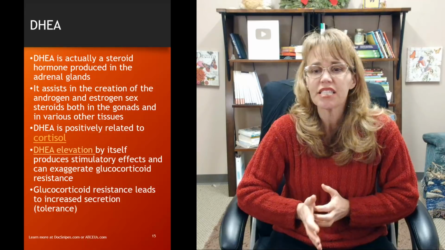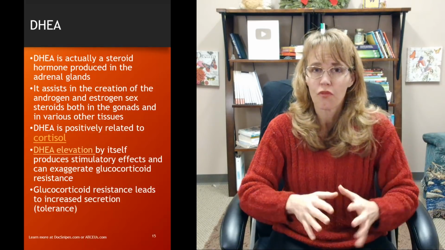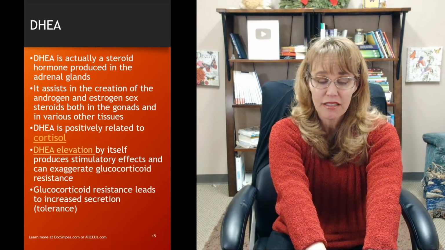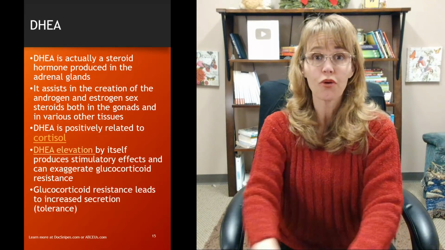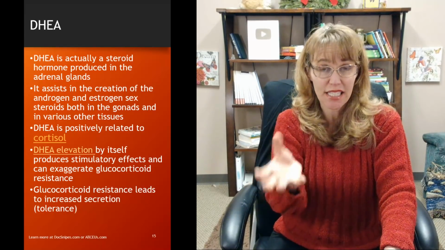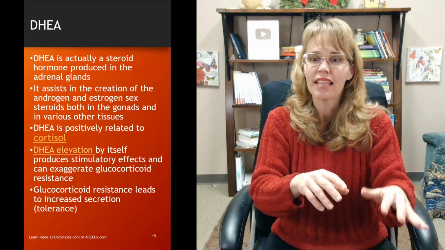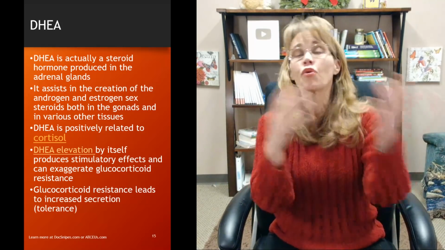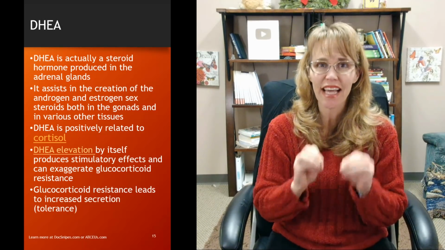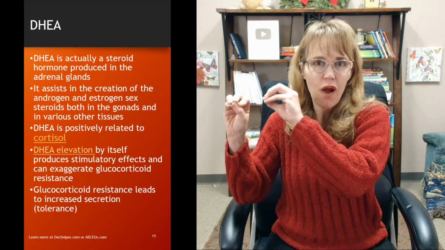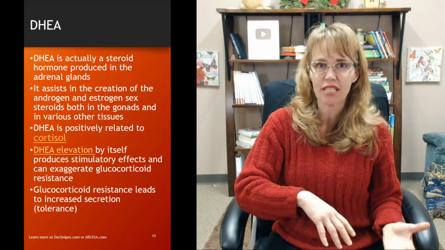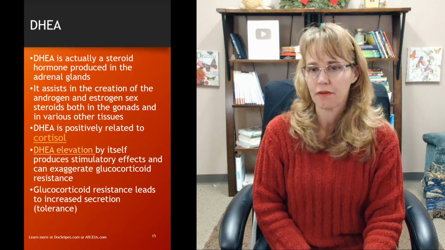Glucocorticoid resistance leads to increased secretion. When somebody is resistant to glucocorticoids, when they've turned down that system sensitivity, then it takes more cortisol, more DHEA in order to get that system to activate. So that's when we start to see the tsunami build.